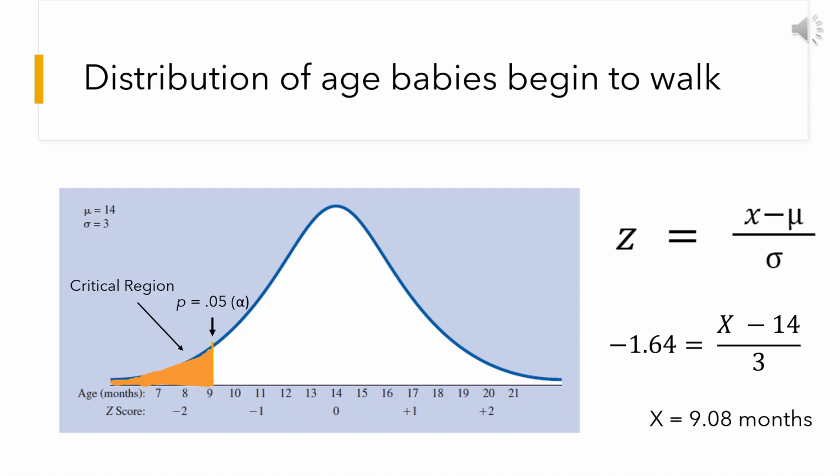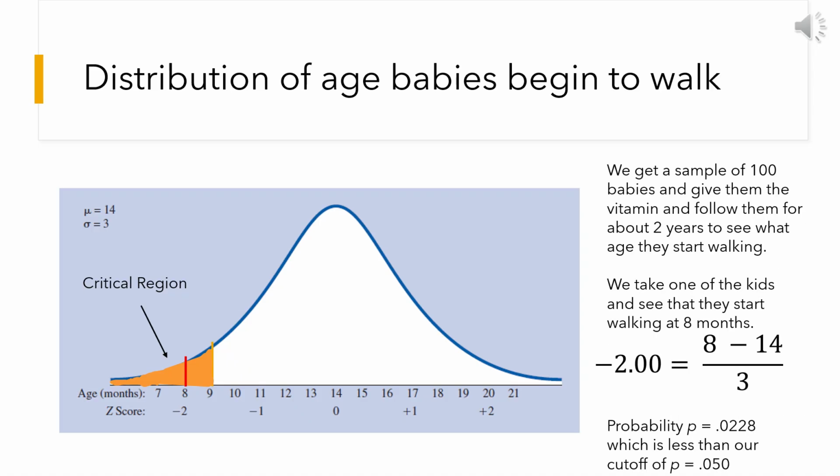The p-value associated with negative 2.3 standard deviations below the mean is going to be a lot smaller than 0.05, because it'll represent less of the distribution.